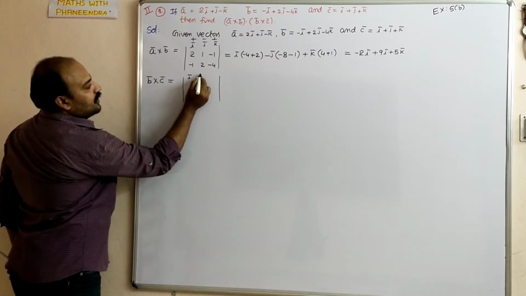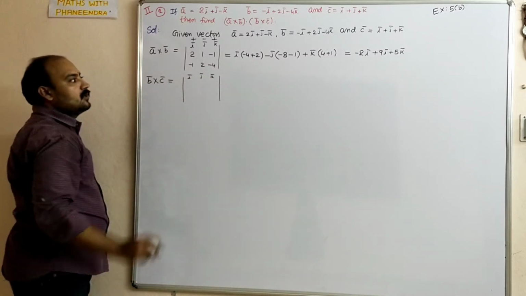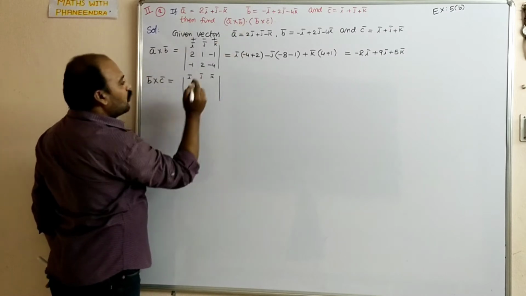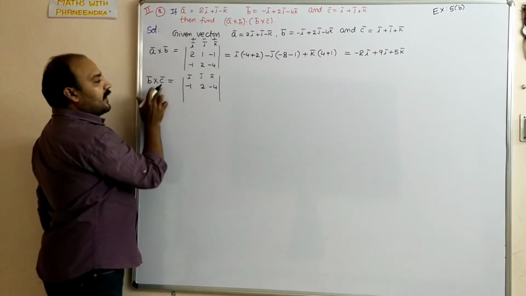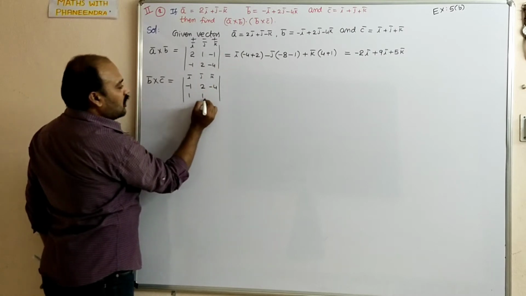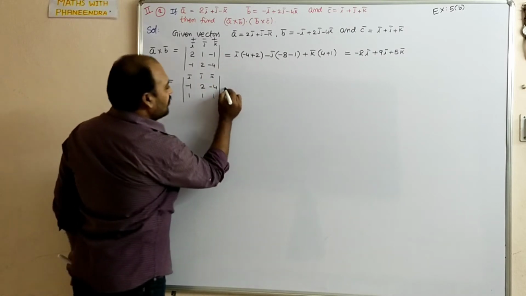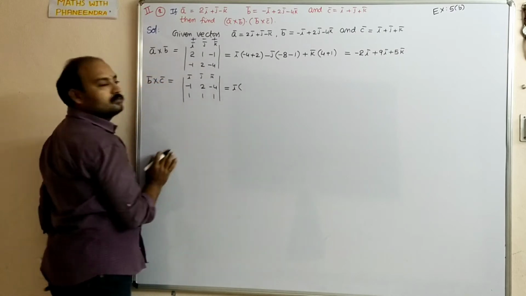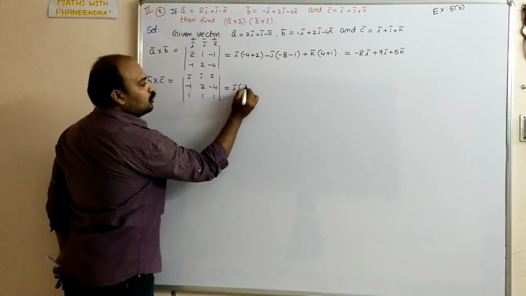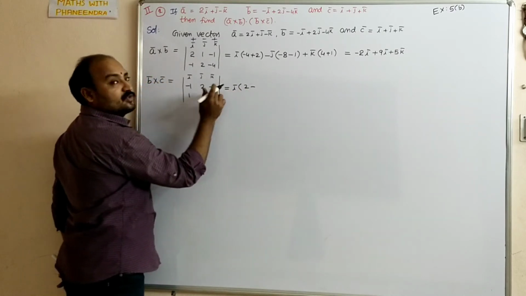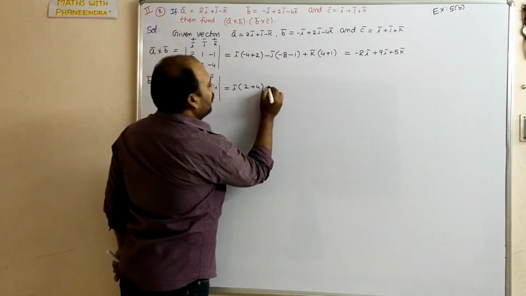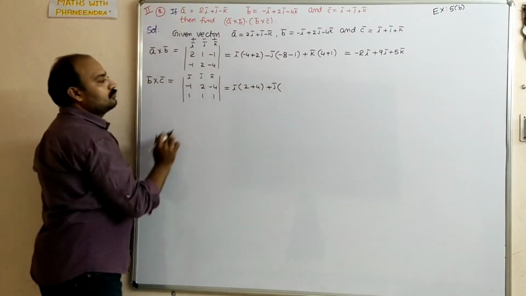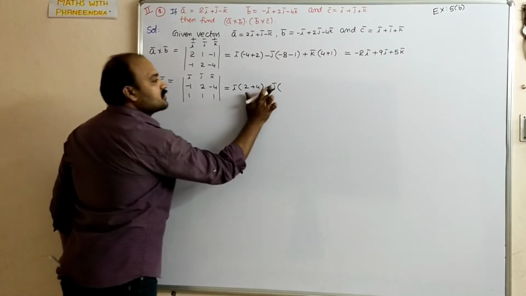i, j, k. So B bar components we have to write as minus 1, 2, minus 4 and C bar components 1, 1, 1. So which is equal to i bar into 2 into 1 minus 1 into minus 4, which is 2 plus 4, plus j bar, not plus here, minus.